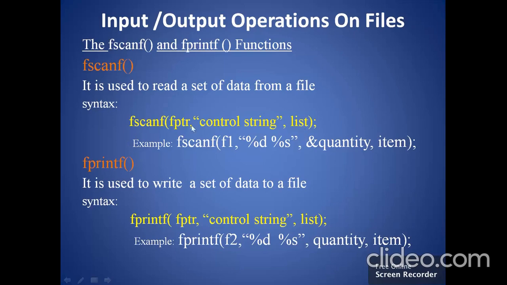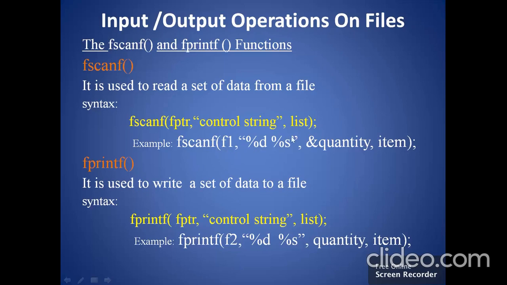So for understanding more about this syntax, we will consider an example, that is fscanf. Inside the bracket we will have f1, then inside double quotes we will have %d %s, comma, ampersand quantity, comma, item, then we will put a semicolon. Here fscanf is the function, then f1 indicates the name of the file pointer.